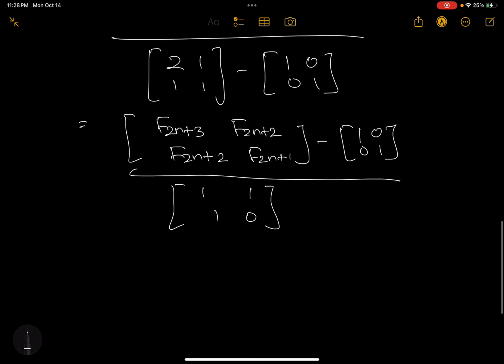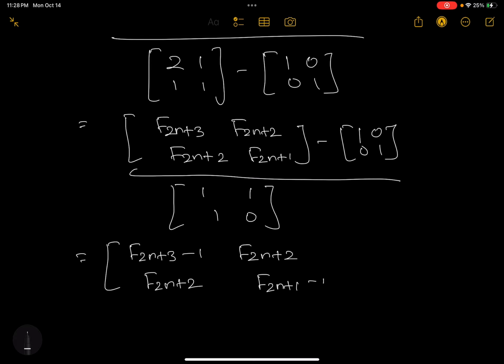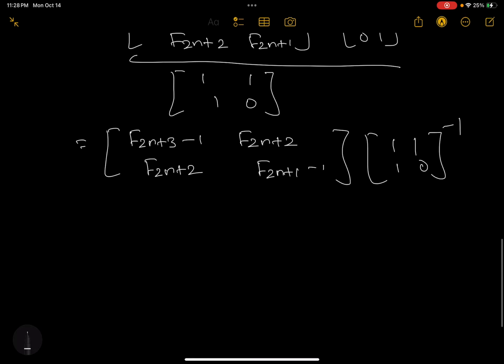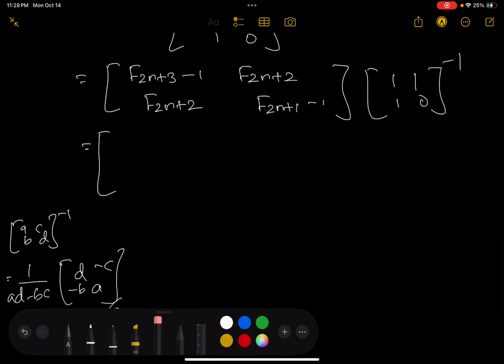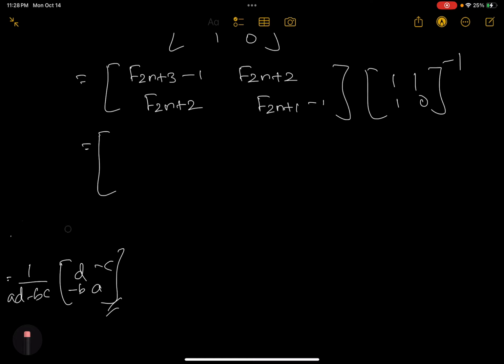Now we have to take the inverse of that thing, f2n plus 3 minus 1, f2n plus 2, f2n plus 2, f2n plus 1 minus 1, multiplied by its inverse, right? We know how to find the inverse of a matrix, right? The inverse of A, B, C, D will just be 1 over the determinant AD minus BC, times D, minus B, minus C, A, right? So we will use this. I guess you know that, so let me erase that one.